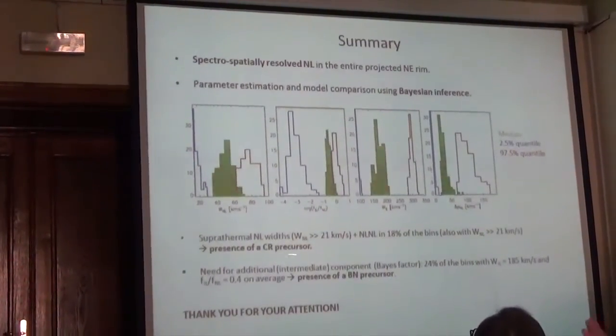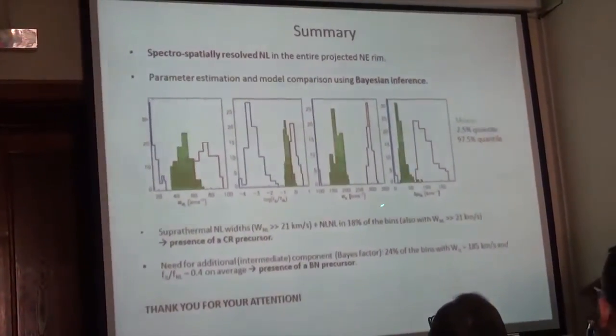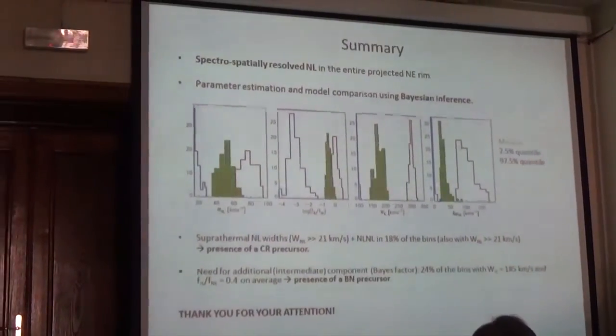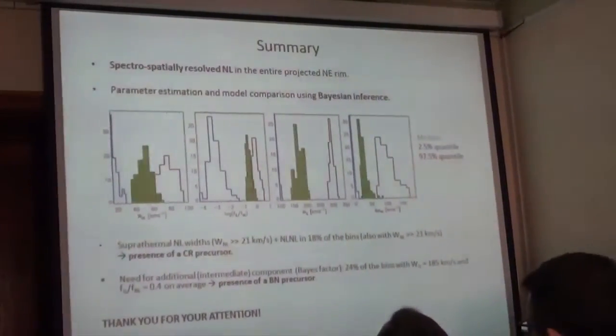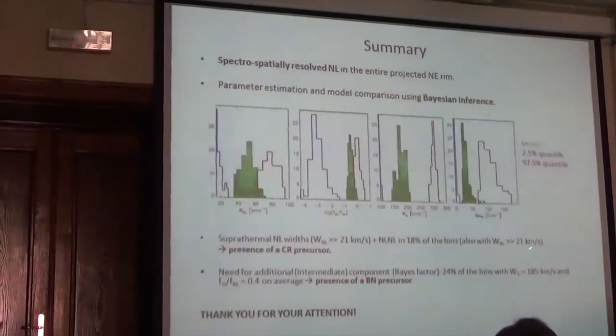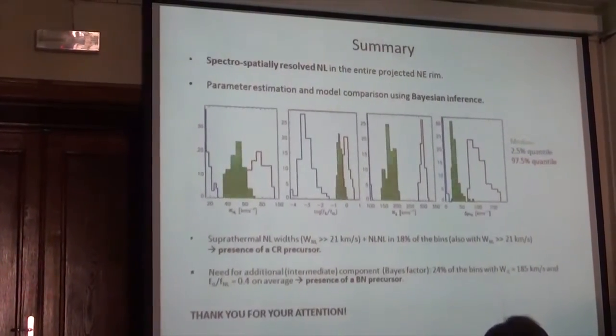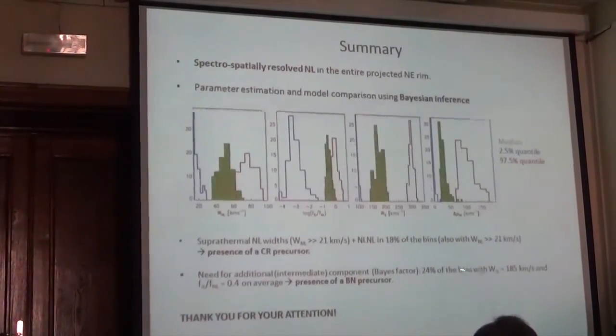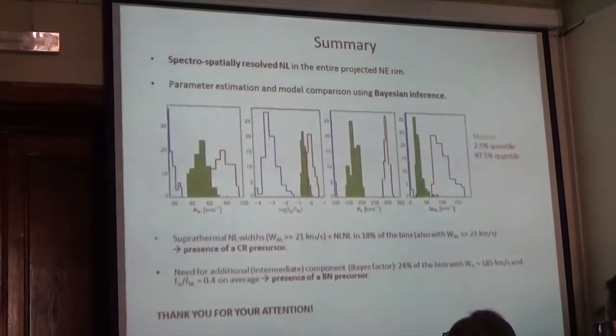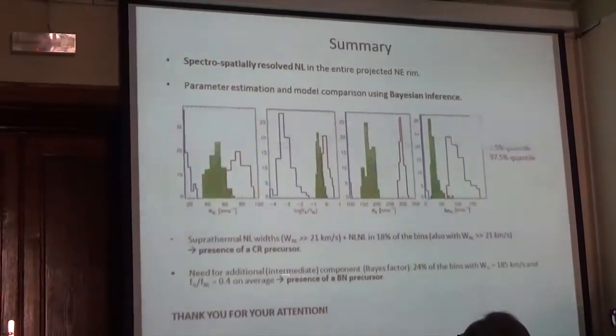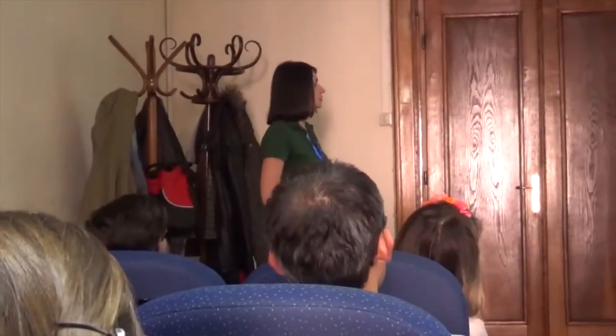So we find superthermal narrow line widths. In 18% of the bins we find significant evidence for double narrow line, where the line is split, and they also have superthermal widths. And we think that this is a clear indication of presence of a cosmic ray precursor.